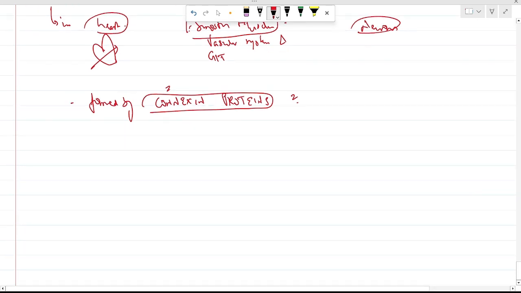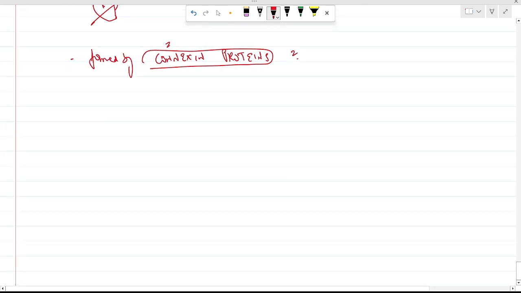So we're going to see how some of these proteins are affected. First is the CX32 protein. CX32 protein is present in the neurons or the nerve fibers.